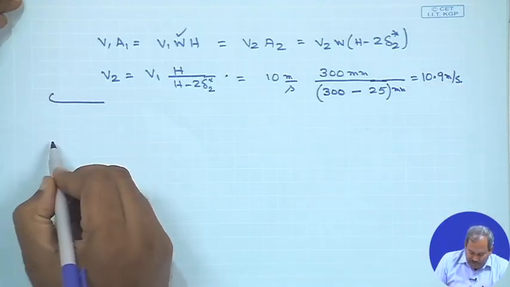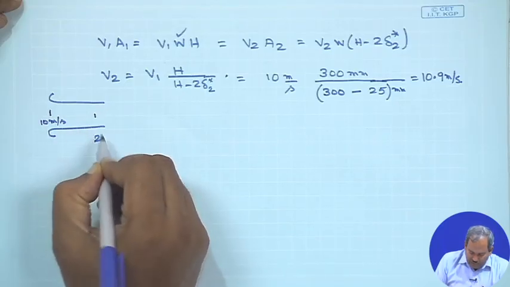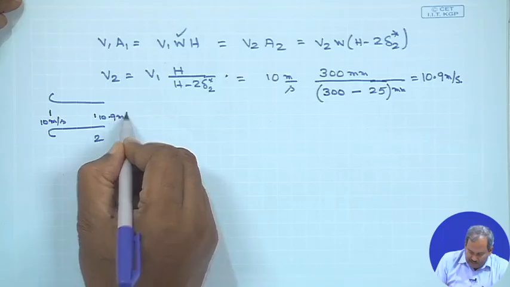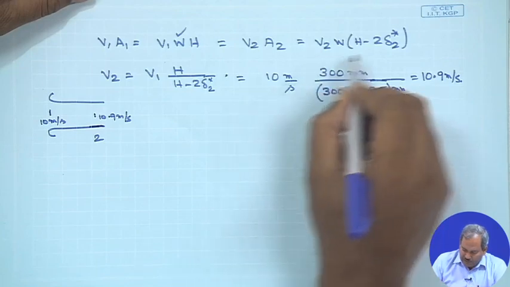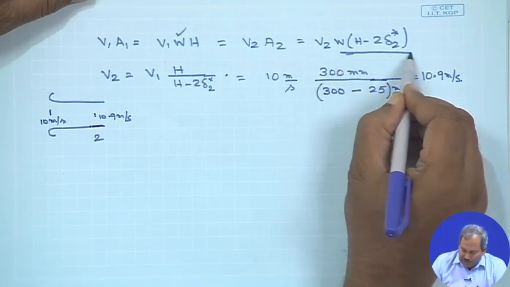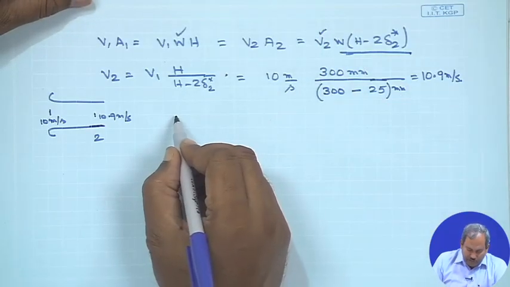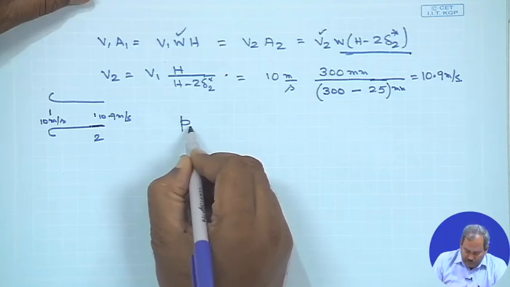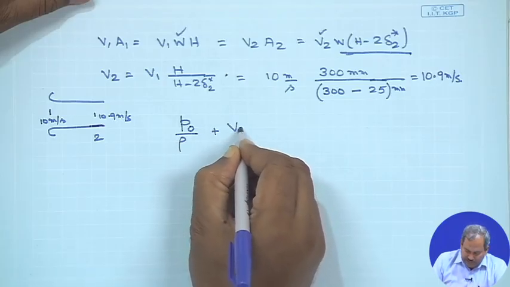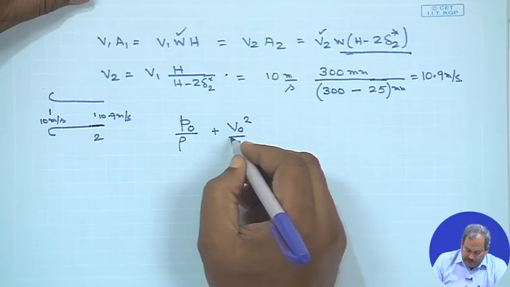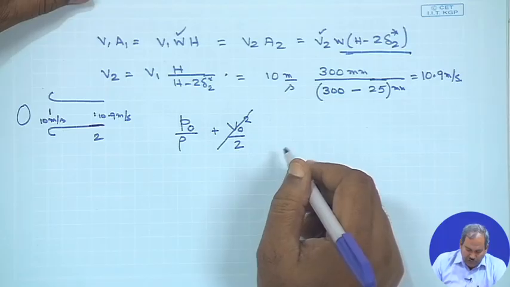So, this is going to be 10.9 meter per second. So, at the entry point the velocity is 10 meter per second. At location 2 it is going to be 10.9 meter per second, since the flow area has now been reduced. If the flow area has reduced, the velocity has to increase. Now, if you use Bernoulli's equation for a point outside where it is P0, the atmospheric pressure, and since the flow is coming in over here, there is no velocity, it is still atmosphere. So, V0 would be 0.